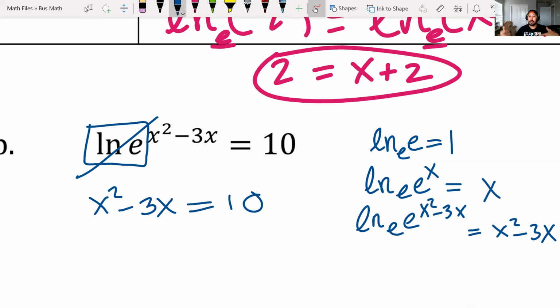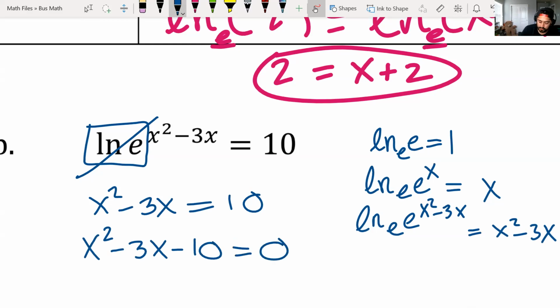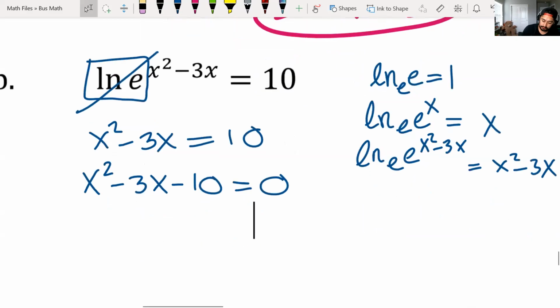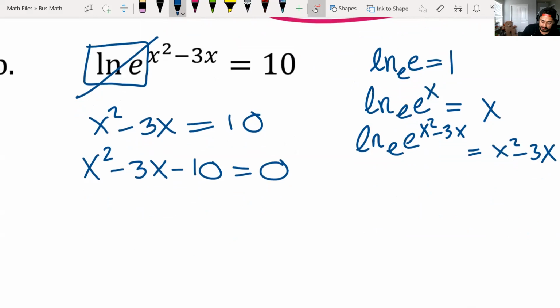We now have a quadratic equation, which means we need 0 on one side. Take this 10, move it to the left. So I'll get x squared minus 3x minus 10 equal to 0. Factor.